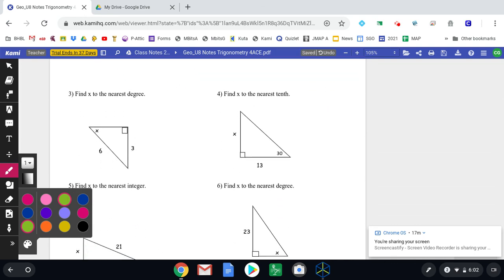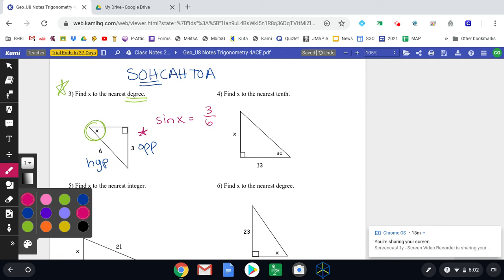All right. Now, the third thing that's going to happen is you're looking for the angle. Notice that this one's different, because we're looking for an angle. Same idea, though. I'm going to look over here, I have an opposite side. I'm going to look over here, I have a hypotenuse. I think about my SOHCAHTOA. Opposite and hypotenuse is telling me I'm going to use my sine function. So I have sine of x equals my opposite over my hypotenuse.